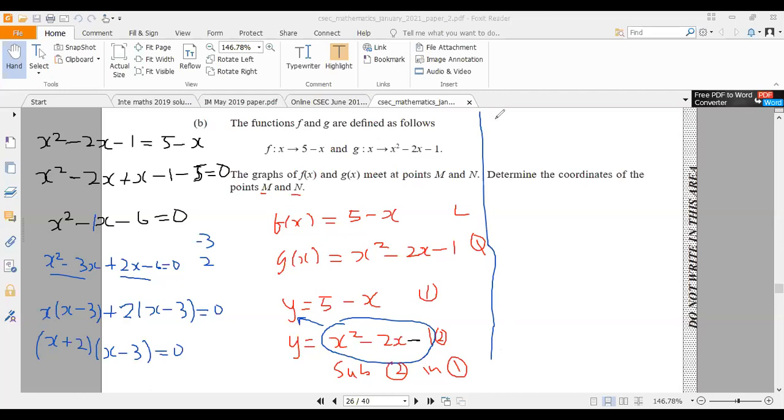So x plus 2 is equal to 0. Then you have what? x minus 3 is equal to 0.